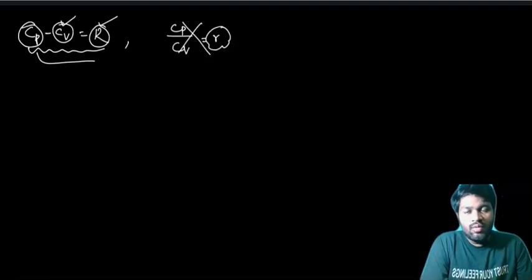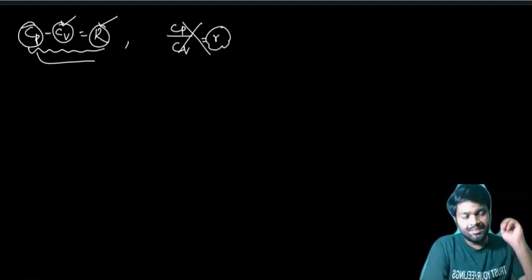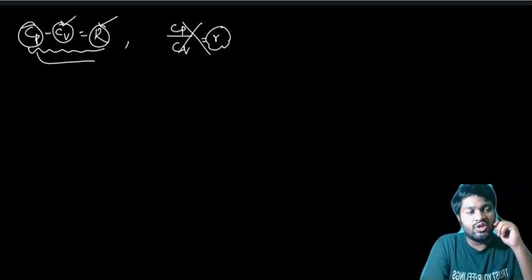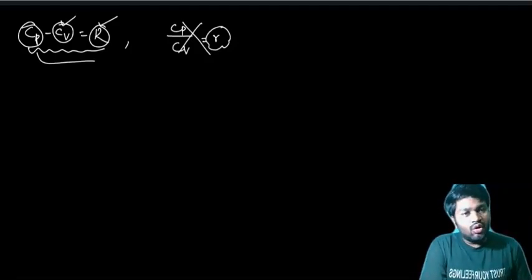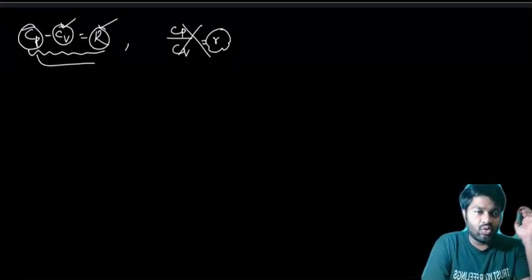Now by any means, if we can find out the value of Cv and R, then definitely we can find out the value of Cp. So let us see how we can find out the value of Cv. Now we know the value of dU, which is given to us. Let me write that over here.